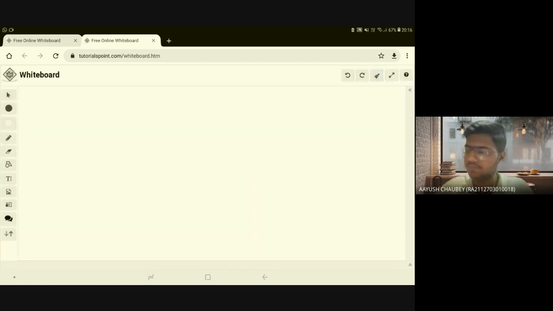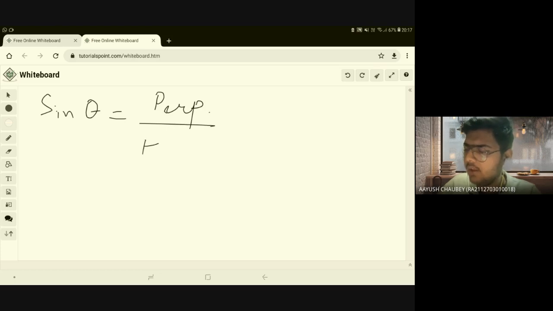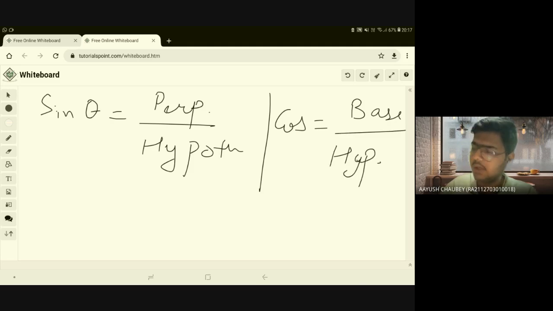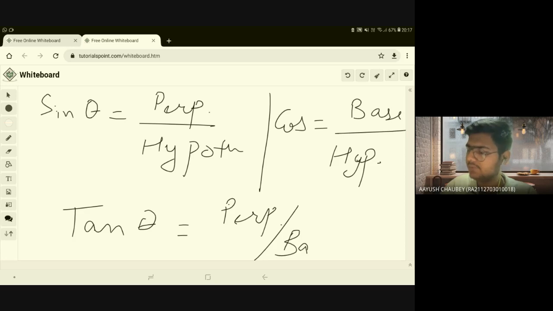So sine theta is equal to perpendicular upon hypotenuse, and in the same way cos is equal to base upon hypotenuse, and tan is equal to perpendicular divided by base.